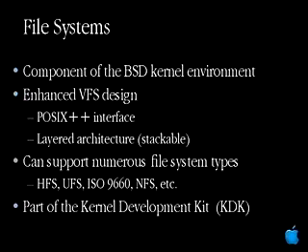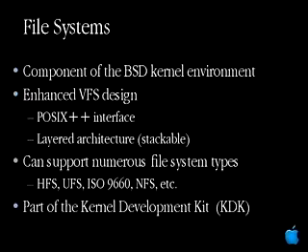It's based on the BSD VFS architecture, but we've extended it in order to be able to take advantage of certainly things like HFS Plus capabilities and things that we think are pretty Apple unique. The VFS design is a very layered architecture. It has the ability to take file systems and stack them to provide a number of unique capabilities. It also can support numerous file system types, and in fact in DP4 we support HFS, HFS Plus, UFS, ISO 9660, NFS.